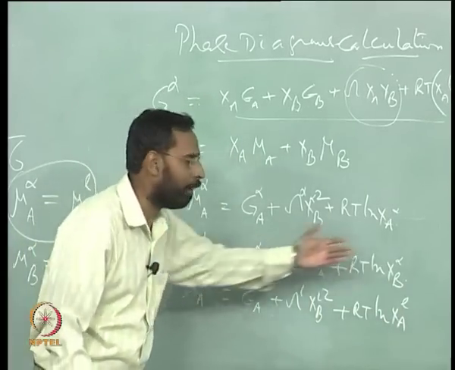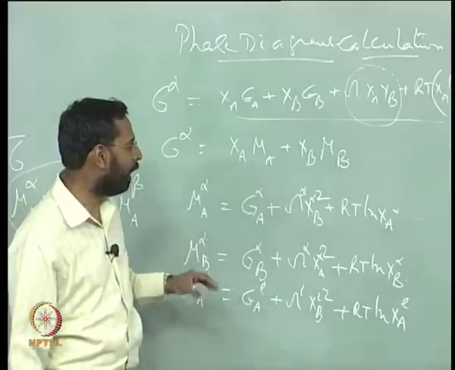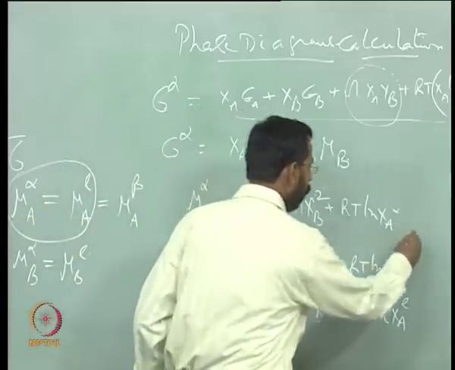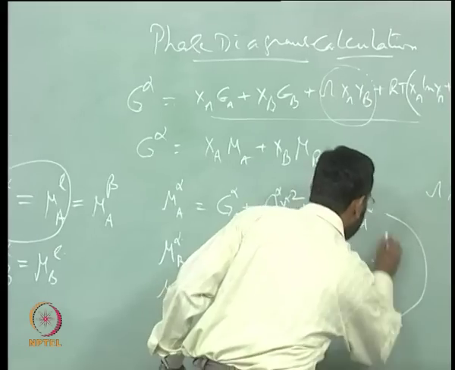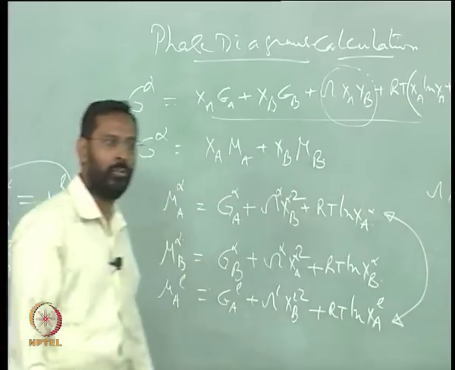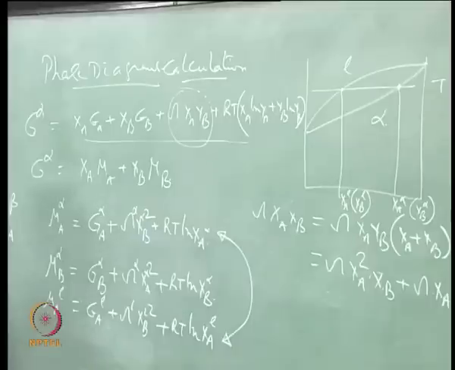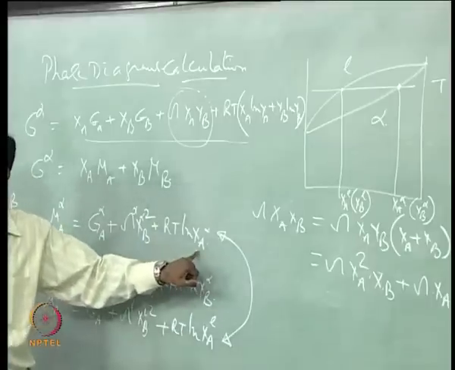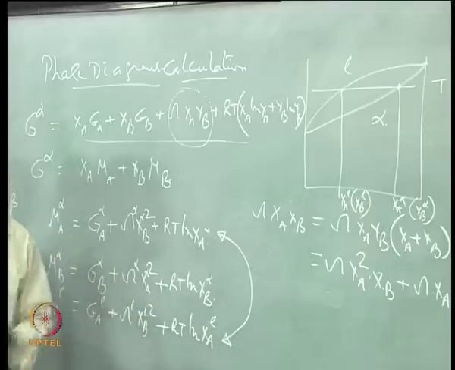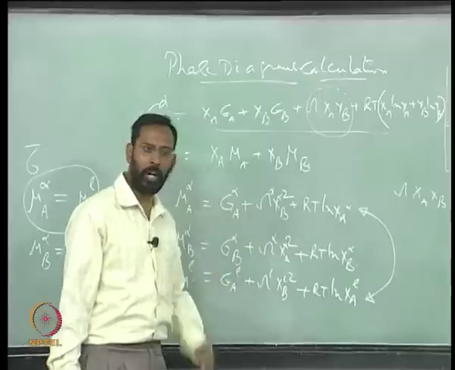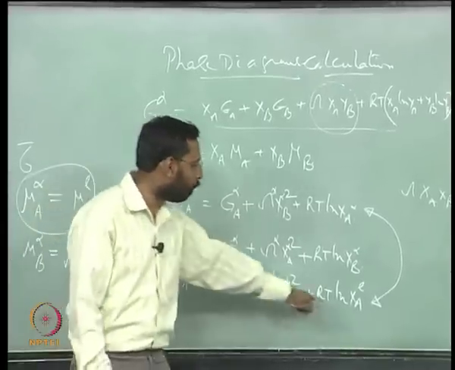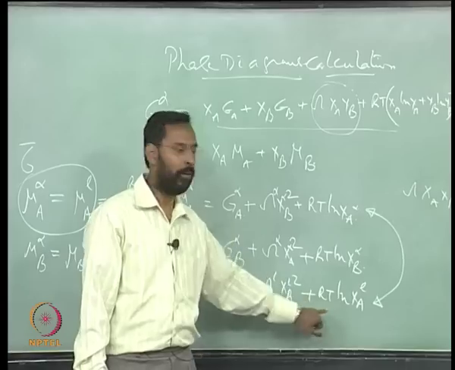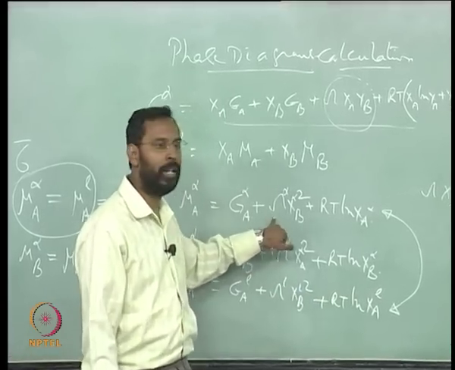I can do it everywhere. So if I equate these two, I get an equation. In that equation I have basically two unknowns, XA alpha and XA liquid. And what should be the known things for us? We should know the temperature at which we are doing it. We should also know omega liquid and omega alpha.